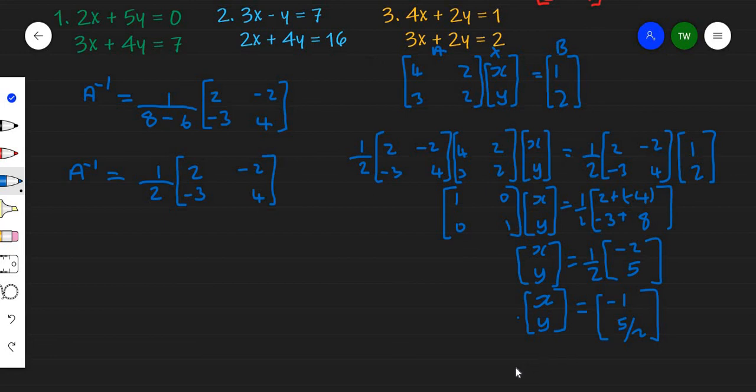So final answer is going to be x equal negative 1 and y equal 5 over 2.